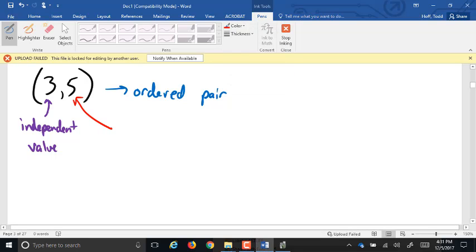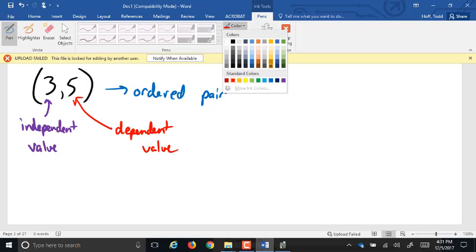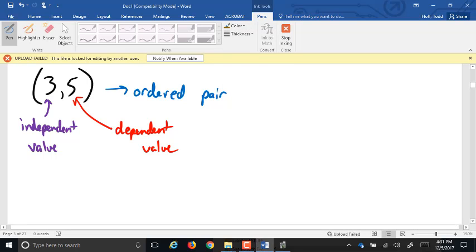The second value is usually called a dependent value. Because if there is a relationship between these numbers, once you've selected this first number, the second number usually is determined by that relationship, depends upon that relationship.